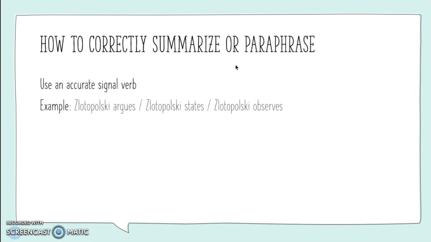Okay, so another way to correctly summarize or paraphrase is to make sure when you introduce the quote, you use an accurate signal verb. So I give some examples here. Zalata-Polsky argues, Zalata-Polsky states, Zalata-Polsky observes. So you want to say the author's name and then a verb and then go into the paraphrase or summary.